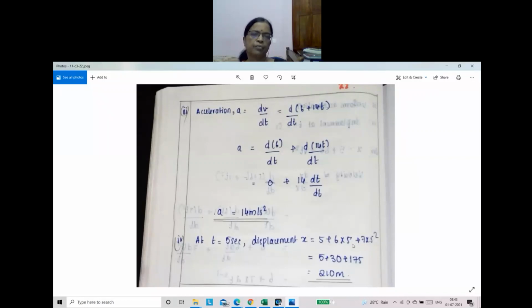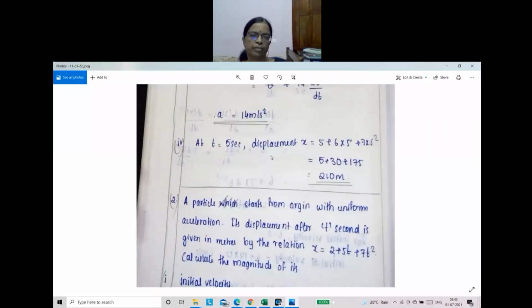Then you will get the value of displacement at t equal to 5 seconds. So this is a 3-mark question with many parts. First you have to find velocity, then initial velocity, then the velocity at t equal to 3 seconds, then the acceleration, and the displacement at t equal to 5 seconds. All things are asked. So 3 marks.